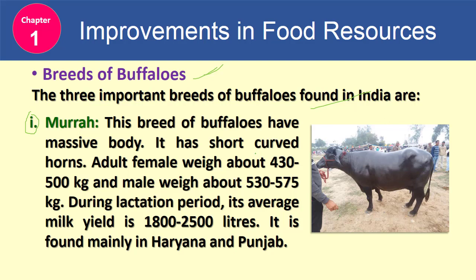Adult females weigh about 430 to 500 kg and males weigh about 530 to 575 kg. And during the lactation period, its average milk yield is 1800 to 2500 liters. It is mainly found in Haryana and Punjab.